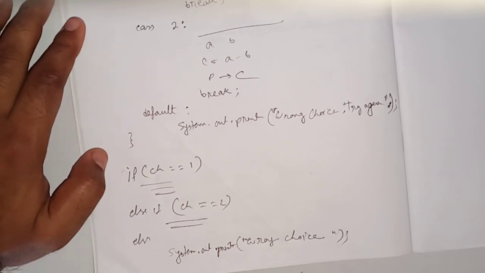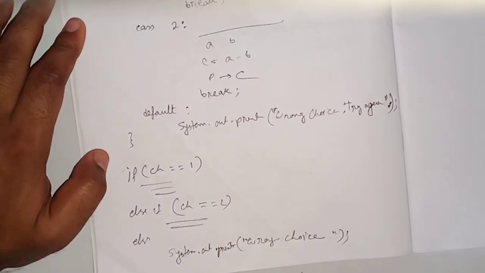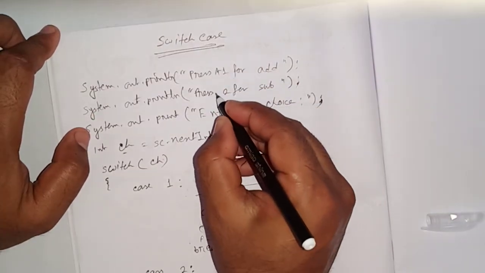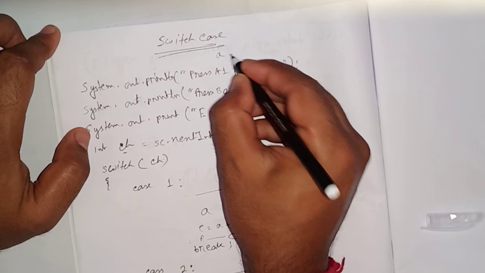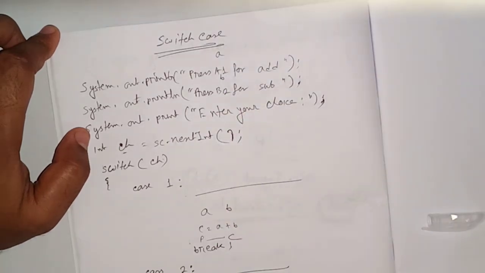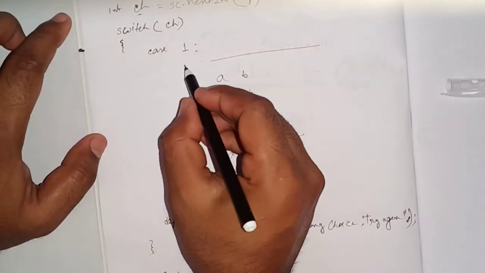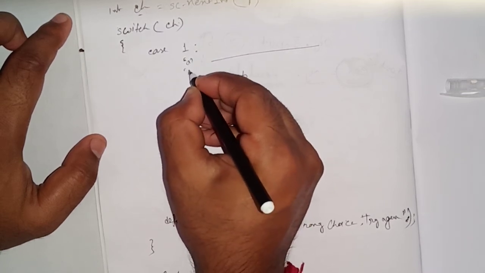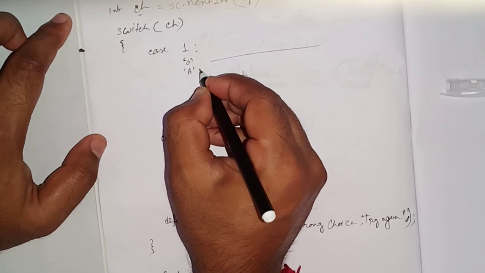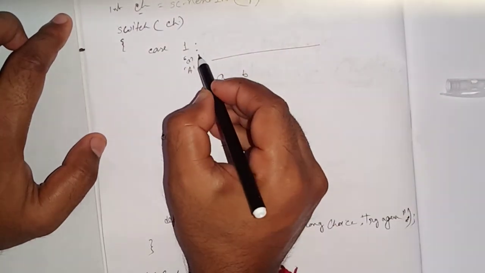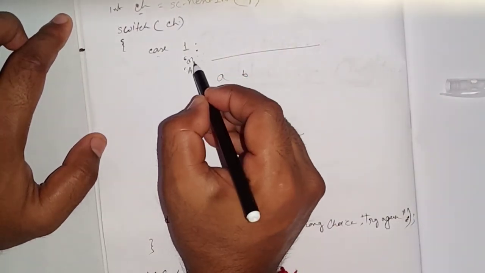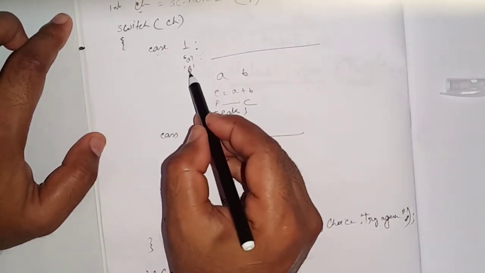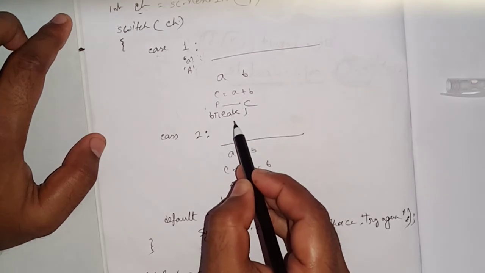And one more thing. Suppose you want to take an option, like press A for, or press B for, or press small a, or press small b. In that case, within single quotes you write A, or within single quotes you write B, capital A, but the colon is required. Case small a within single quotes, colon, your work; case capital A, colon, your work.